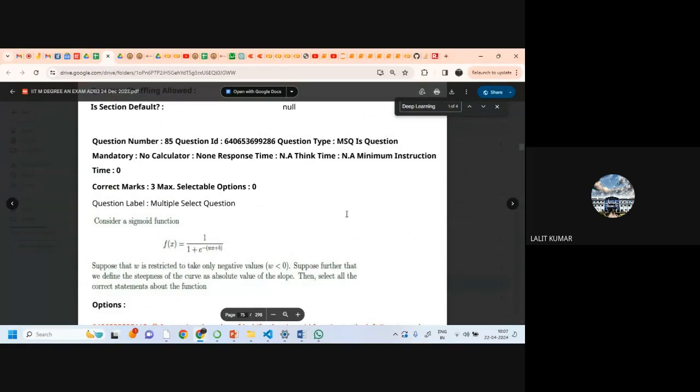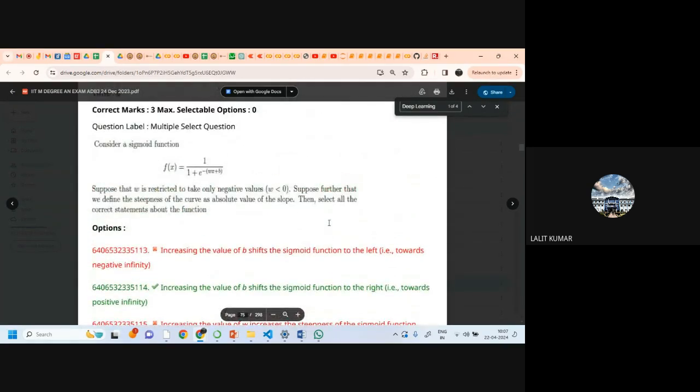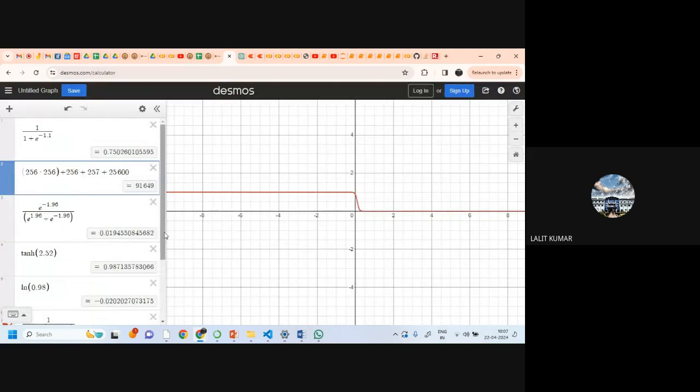Consider a sigmoid function, a normal sigmoid function, and here they are saying that W is negative. Suppose further that we define the steepness of the curve as the absolute value of the slope. Then select all the correct statements about the function. So here I will demonstrate with the help of Desmos what happens.